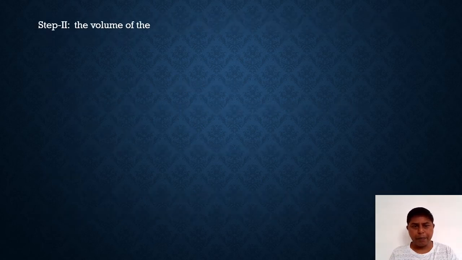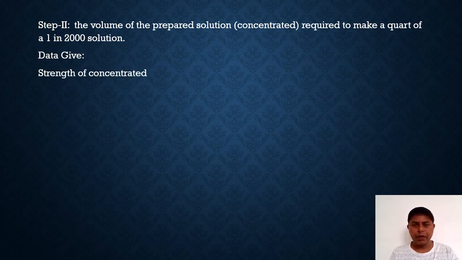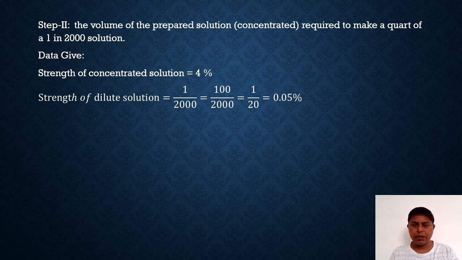Now step 2: the volume of the prepared, that is concentrated, solution required to make a quart of 1 in 2000 solution. Data given: strength of concentrated solution is 4%, strength of dilute solution is 0.05%, and the volume of dilute solution is 1 quart, which can be converted to 40 fluid ounce.